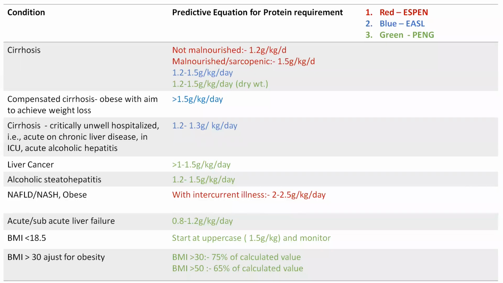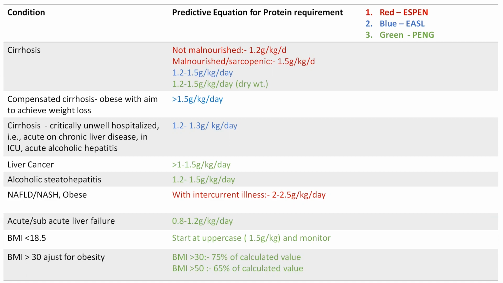Again, these are the equations for estimating protein in compensated cirrhosis. Here the red is SPEN, blue is EASL, green is PENS. For a cirrhosis patient who is not malnourished, we can just give 1 gram protein per kg of dry weight.